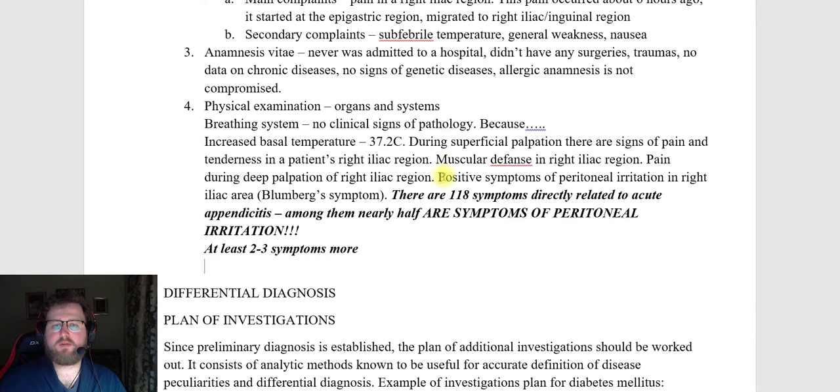Besides that, we found positive peritoneal symptoms. During further discussion, we've found out that this patient has, for example, frequent stool, two or three times per day.